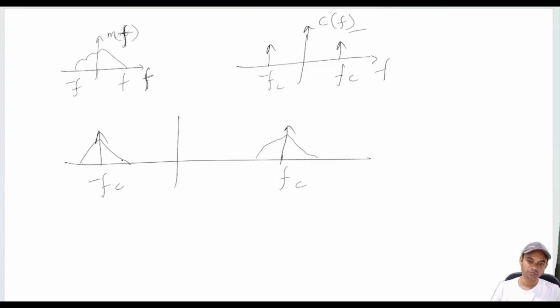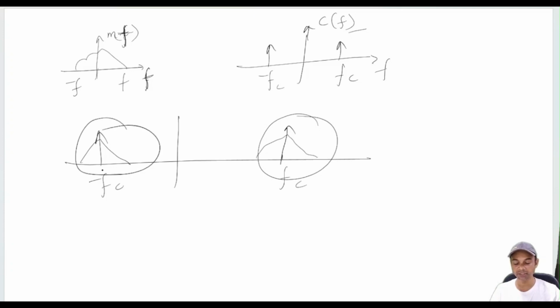For calculating the power we have to add both positive and negative power, for positive frequency as well as negative frequency. We have to add both to calculate the total power we are transmitting in AM modulation. For calculation of bandwidth, we only see the positive frequency.